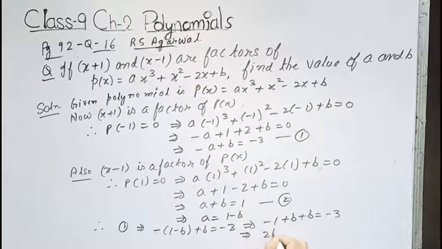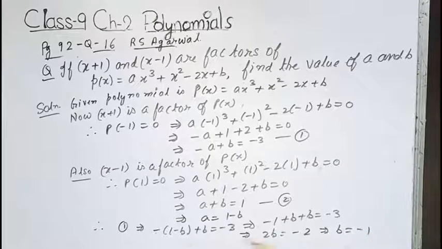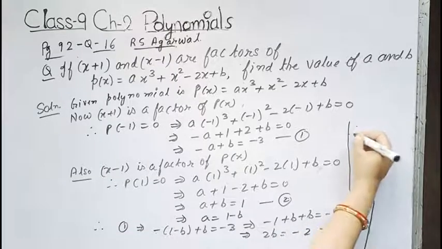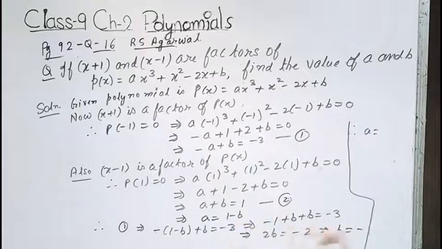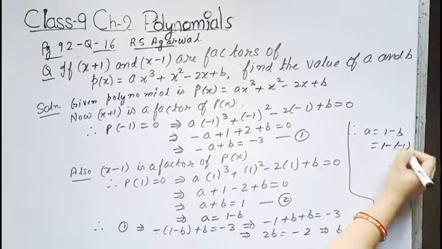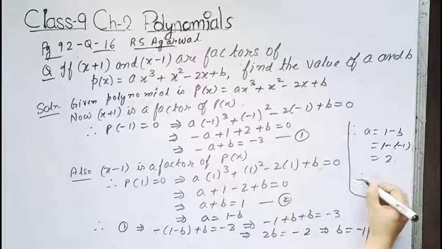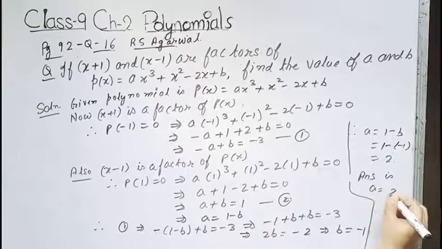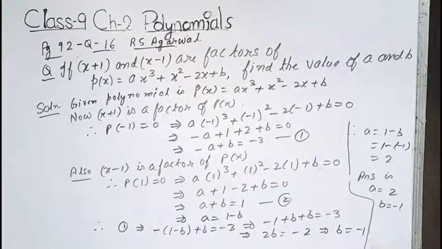This implies 2b equals minus 3 plus 1, which is minus 2, implies b equals minus 1. Therefore a equals 1 minus b, which is 1 minus of minus 1, equals 2. Therefore, the answer is a equals 2, b equals minus 1.